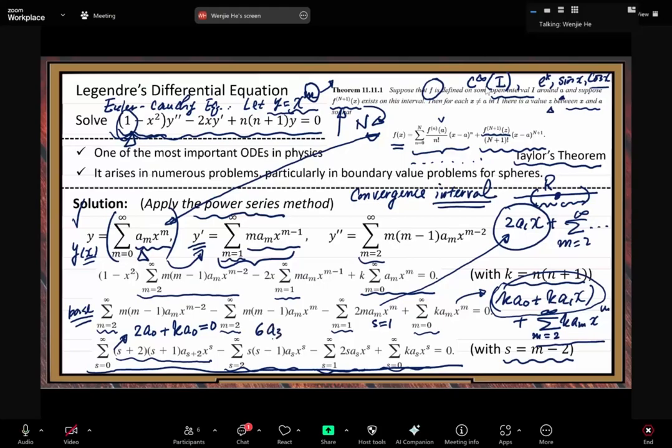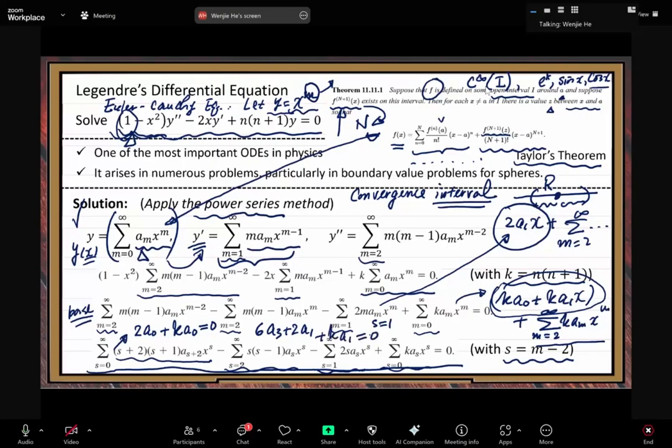Contribution from the second summation, nothing, because s starts from 2. Contribution from the third summation, s equal to 1, 2 times A1. Then the last term, s equal to 1, K times A1, equals 0.